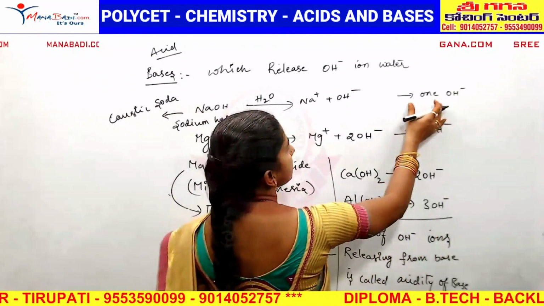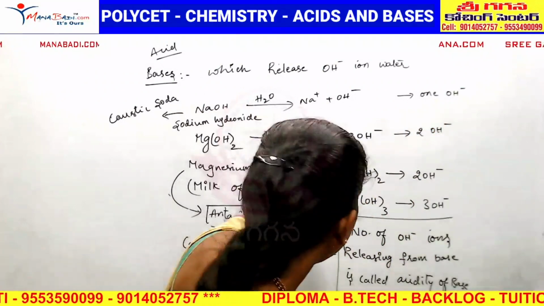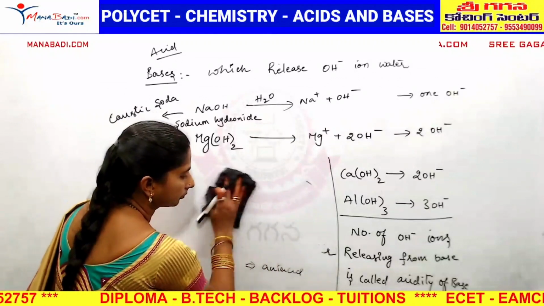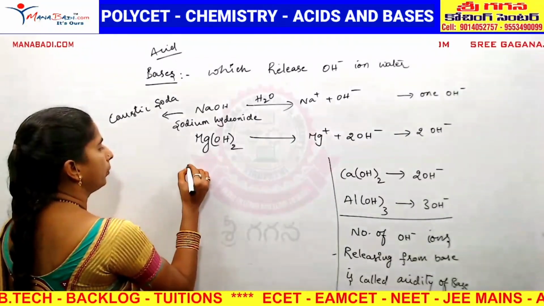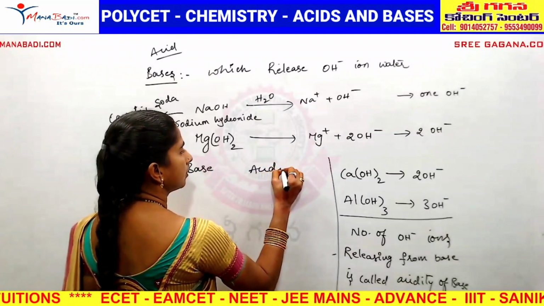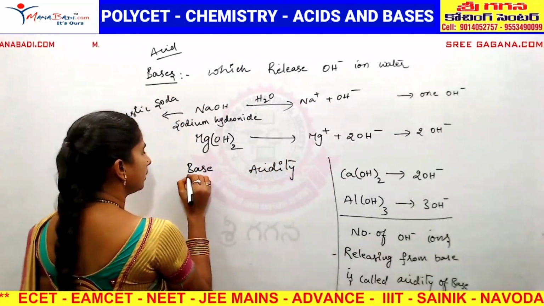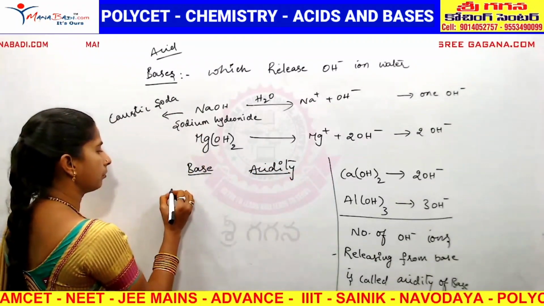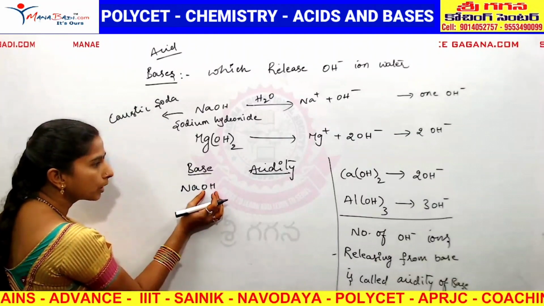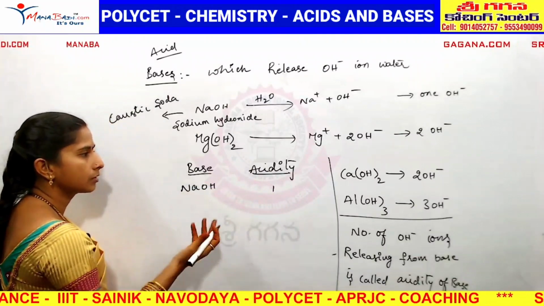Now what is the acidity of NaOH? Here I am writing: base and its acidity. For example, NaOH: how many OH minus ions? Only 1, so acidity is also 1.